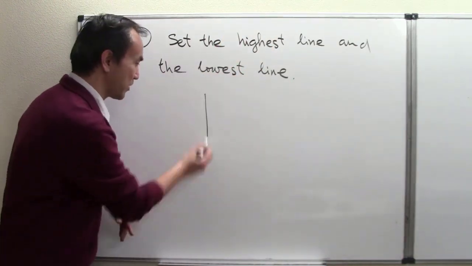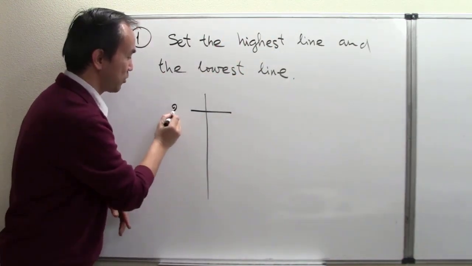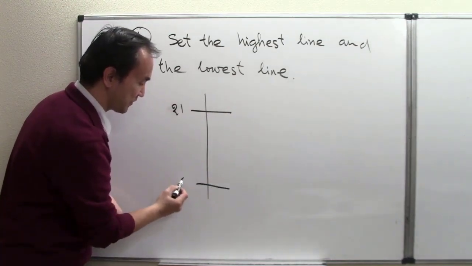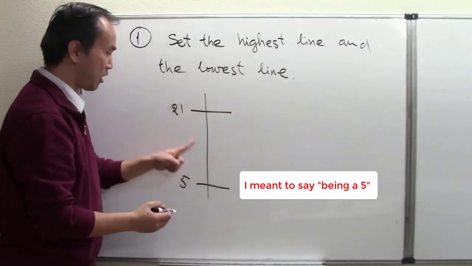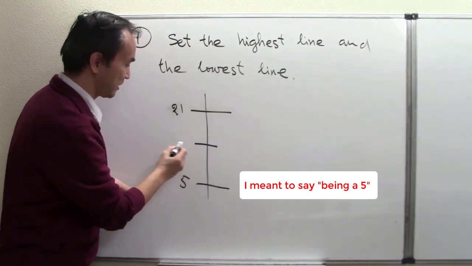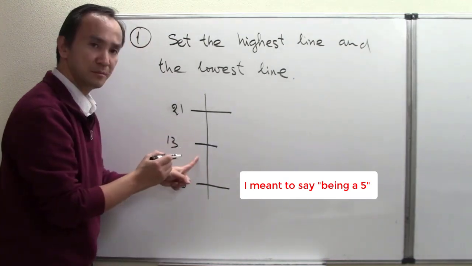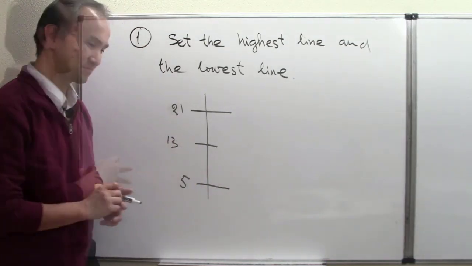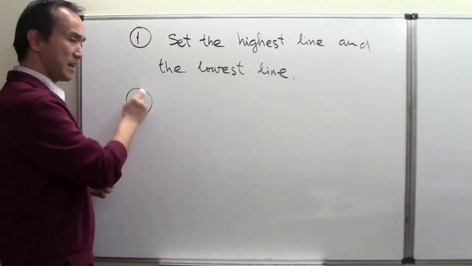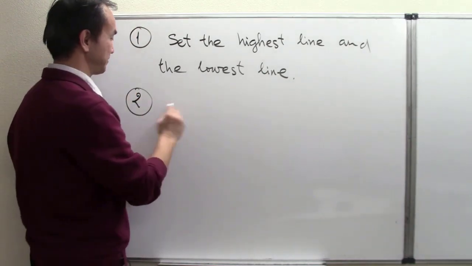That's what I did when I was setting the high tide as 21 and the low tide as 15. Consequently, right exactly in the middle, we can identify the midline, the center line.